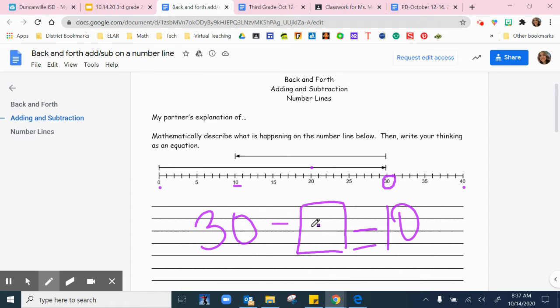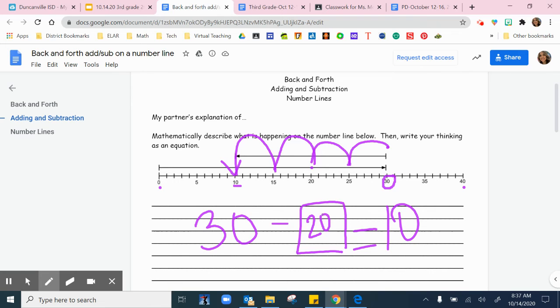Well, you can think 30 minus a number equals 10, or you can count back. And if you notice, it's going in intervals of 5. So if I were you, I could count back 5, 10, 15, 20. So that means that we went back 20, and now we are at 10. Does that make sense?